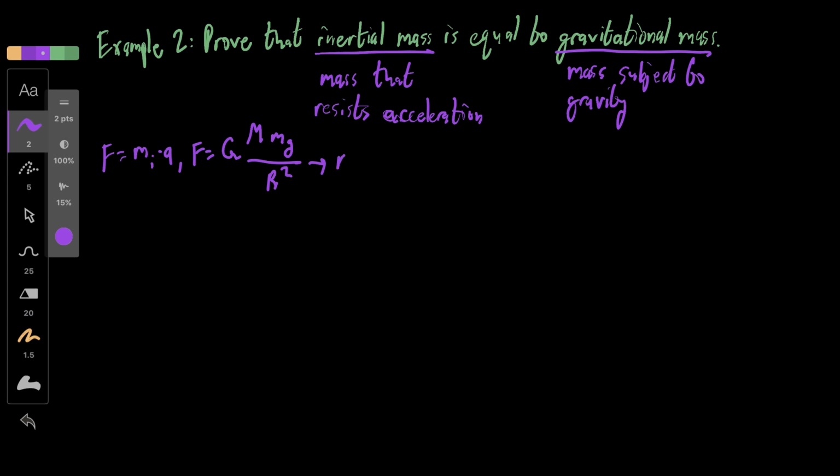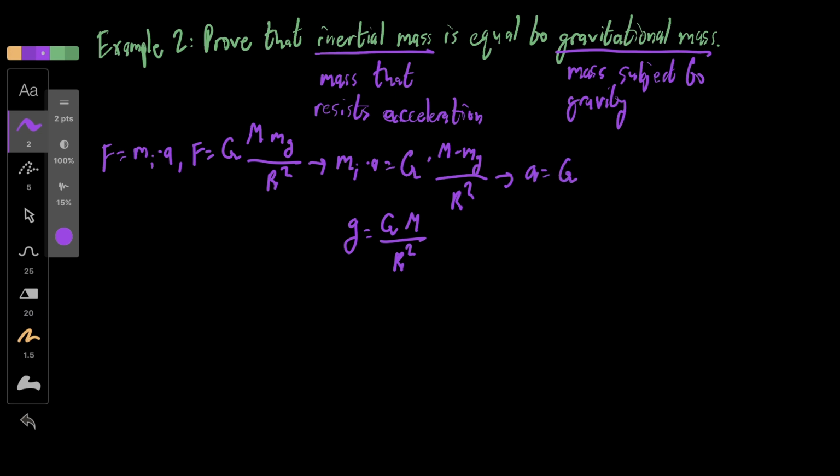So that's that. Now, what we will do is plug these equal to each other. So m_i times a is equal to G times m times m_g over r squared. Remember, in our first problem when we were doing gravitational acceleration, we found that g was equal to GM over r squared. It's essentially the same thing, except just with our acceleration.